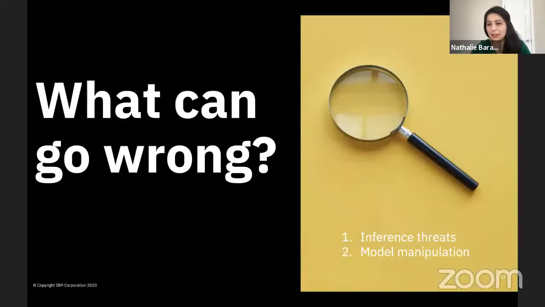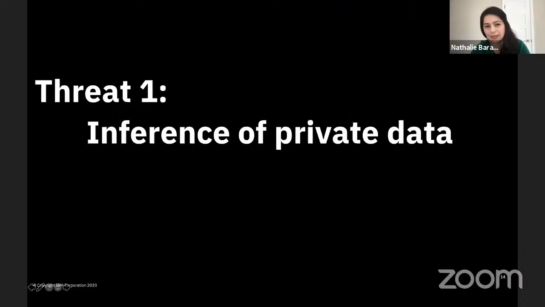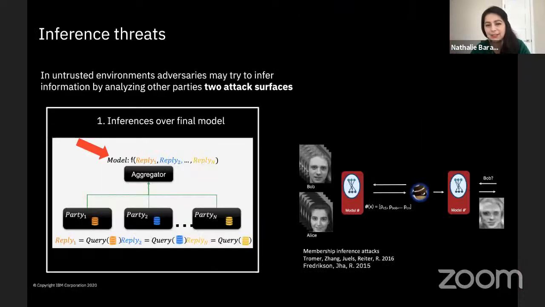But if you are in a more untrusted environment, there are two things that may go wrong. The first one is inference threats. Once you publish a model, an adversary may try to know whether a training point was part of that model.